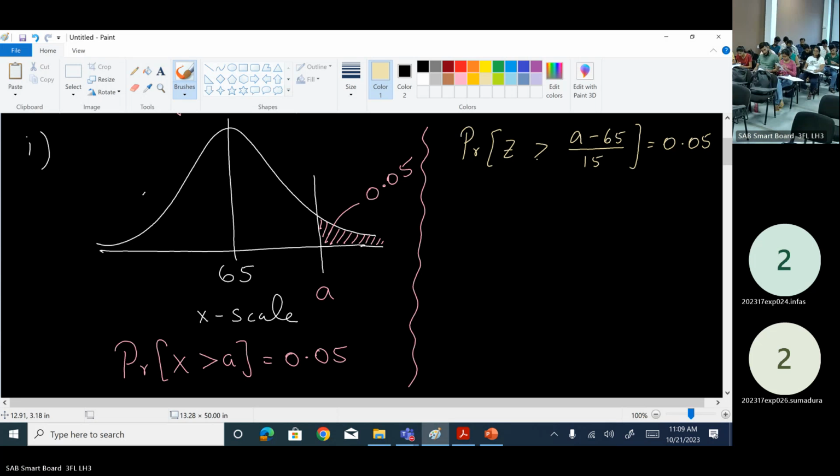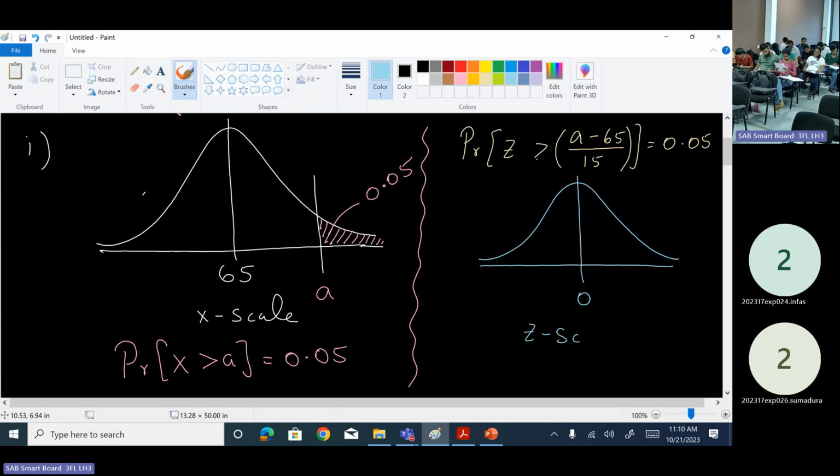Now we are in the Z scale, so we draw the Z scale sketch, with 0 in the middle.